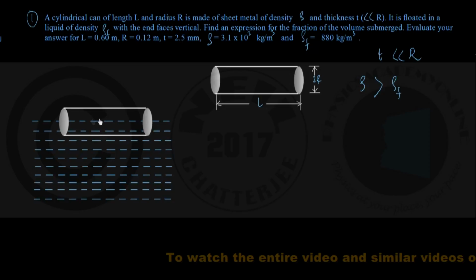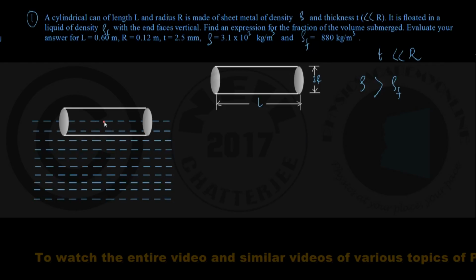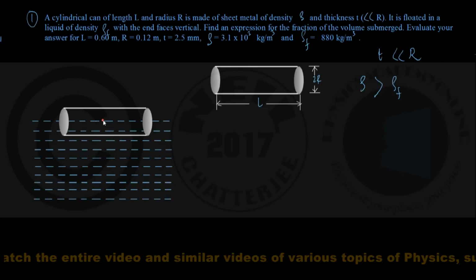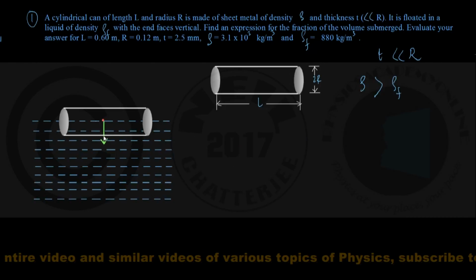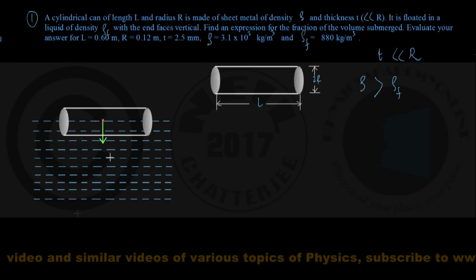These lines are parallel to the free surface of the liquid. So for the condition of flotation, this is the center of gravity of the entire cylindrical can, located on the axis of symmetry, and to this point the force of gravity is acting downwards. We call that force Fg.